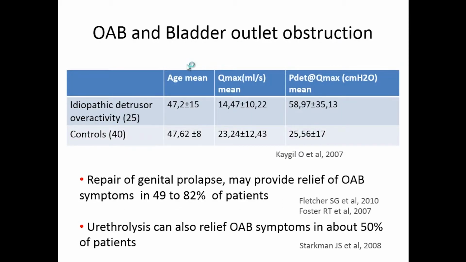There are a lot of other indirect evidences. There is a study that showed that women with idiopathic detrusor overactivity had lower Qmax and higher pdet than controls.